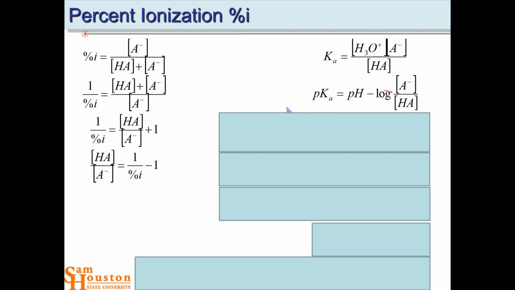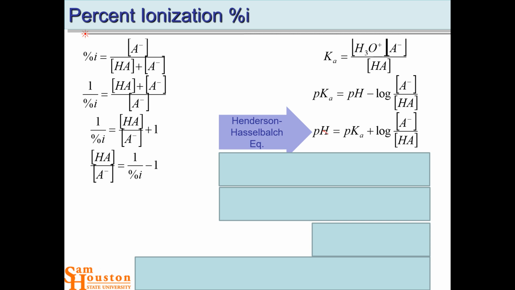One's upside down from the other. But let's also rearrange this. I have pH here, and I want to put the minus log on the other side. So I'm going to have a plus log and a Ka, and I'm going to flip the whole ratio. So pH is equal to the pKa plus the log of the base over the acid. And that's the Henderson-Hasselbalch equation that you may have seen from Chem 2.